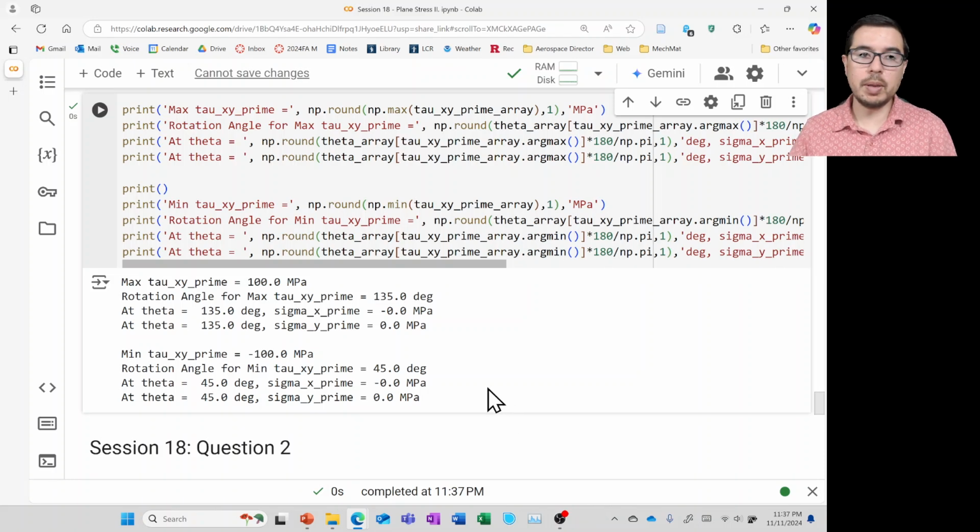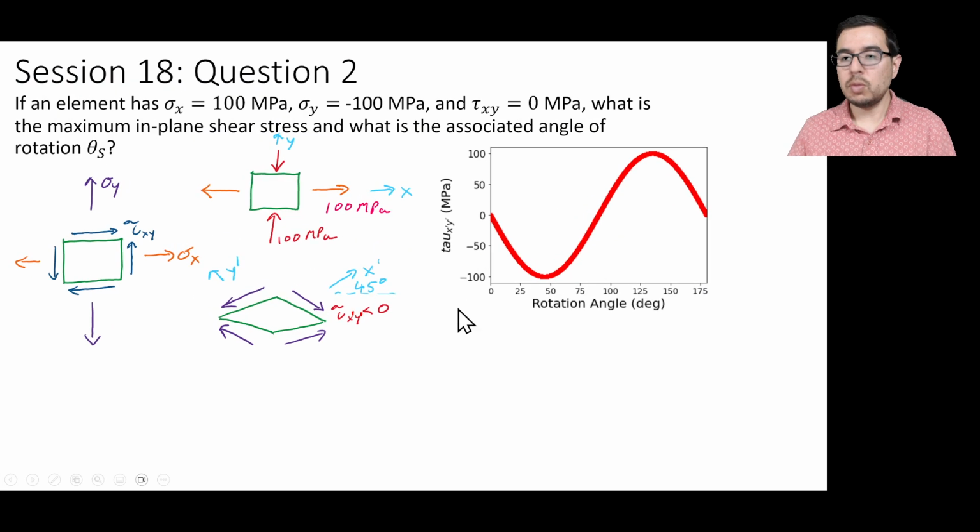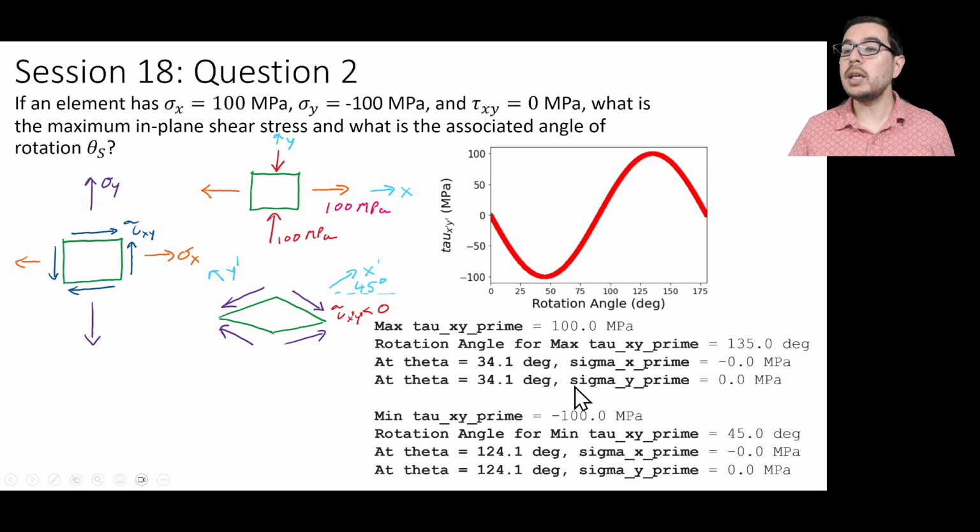I copied this into the presentation, and we might be able to explain what we have here quantitatively now. We said it was 45 degrees of rotation that was going to be interesting for the case of pure shear and calculating these maximum or minimum in-plane shear stresses.